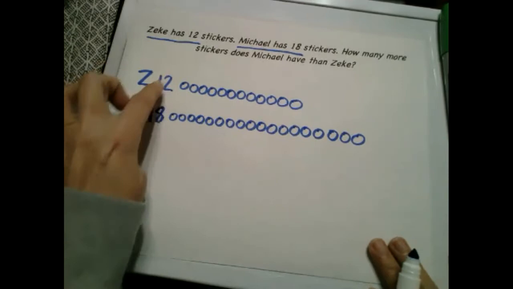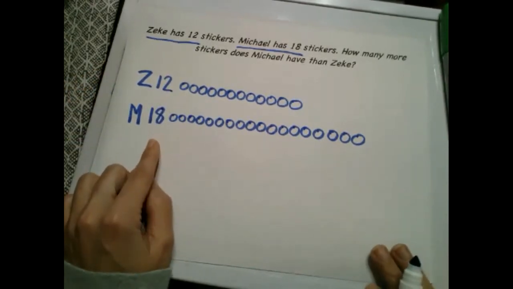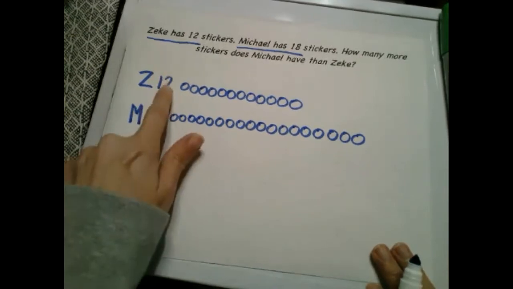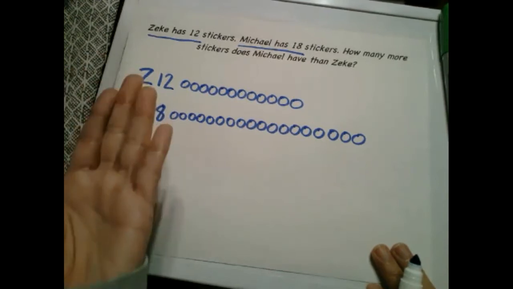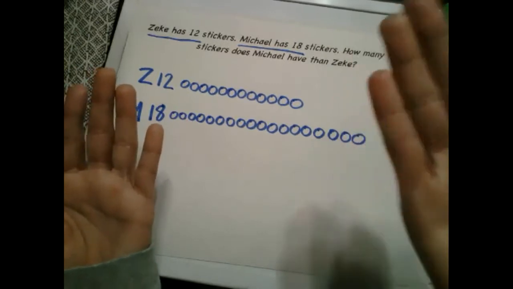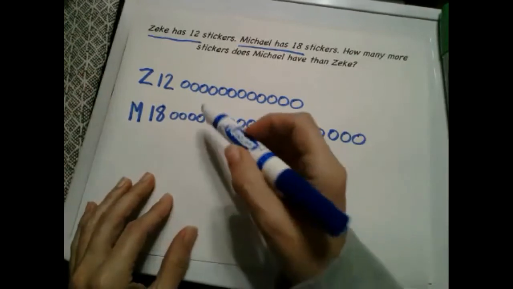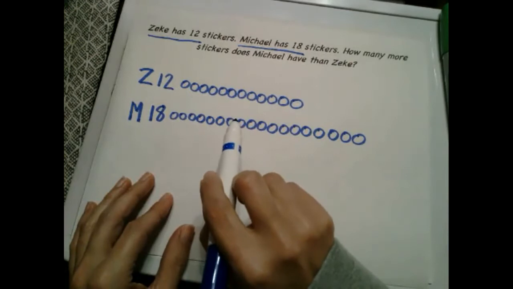Now, do I add these two numbers together? Did the problem say how many stickers do they have in all? No. So I won't be adding them. I'm going to compare them. I know that if Zeke has this much and Michael has this much, how many more does he have than Zeke? So if I know that he has 12 and he has 18, I'm going to compare them.